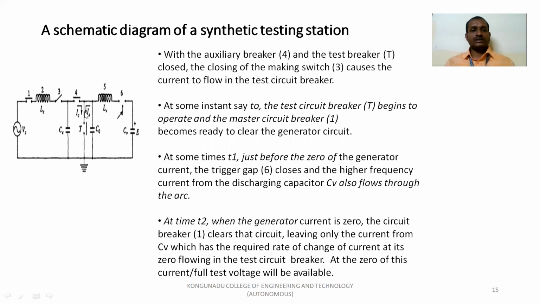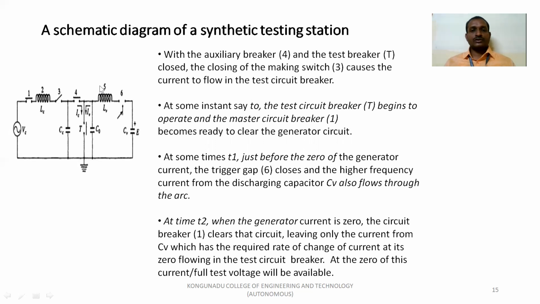At some time T1, just before the zero of the generator current, the trigger gap 6 closes and high frequency current from the discharging capacitor CV also flows through the arc.